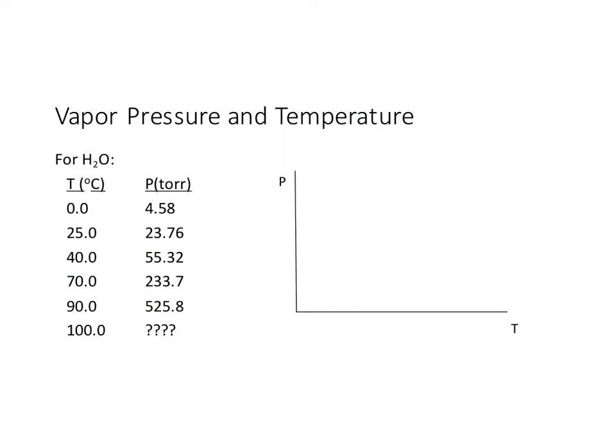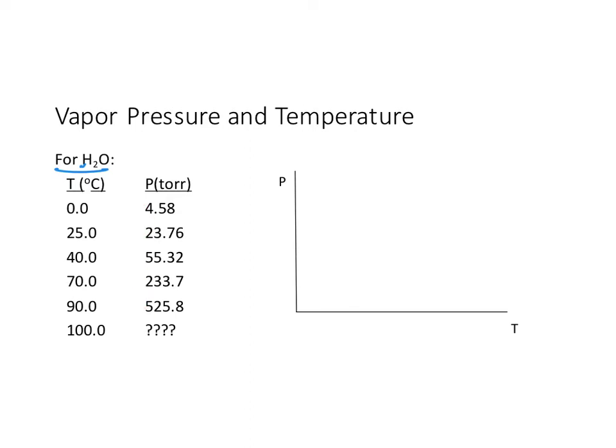So here's some data correlating vapor pressures and temperatures. For water, you can see that as the temperature increases, the vapor pressure, which I've measured here in torr, or millimeters of mercury, is increasing.